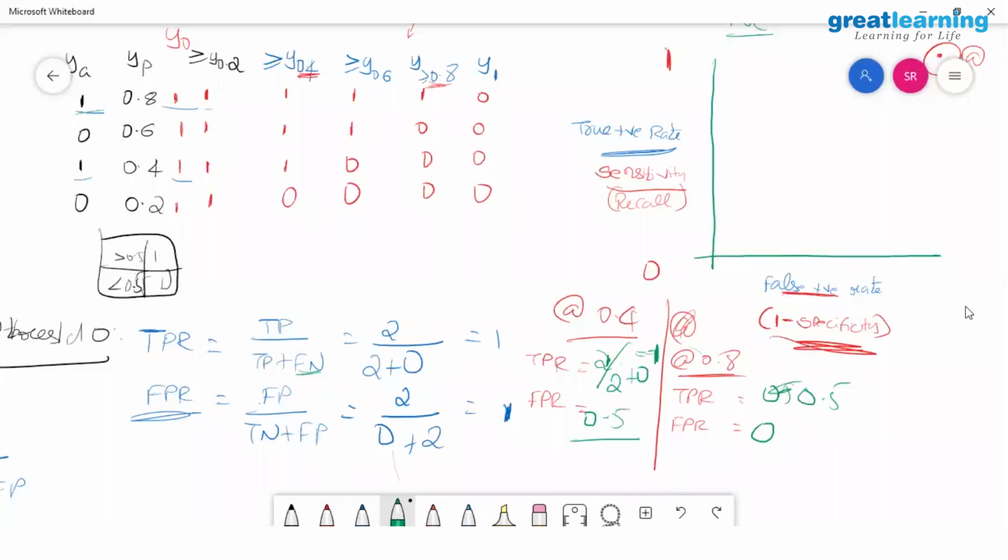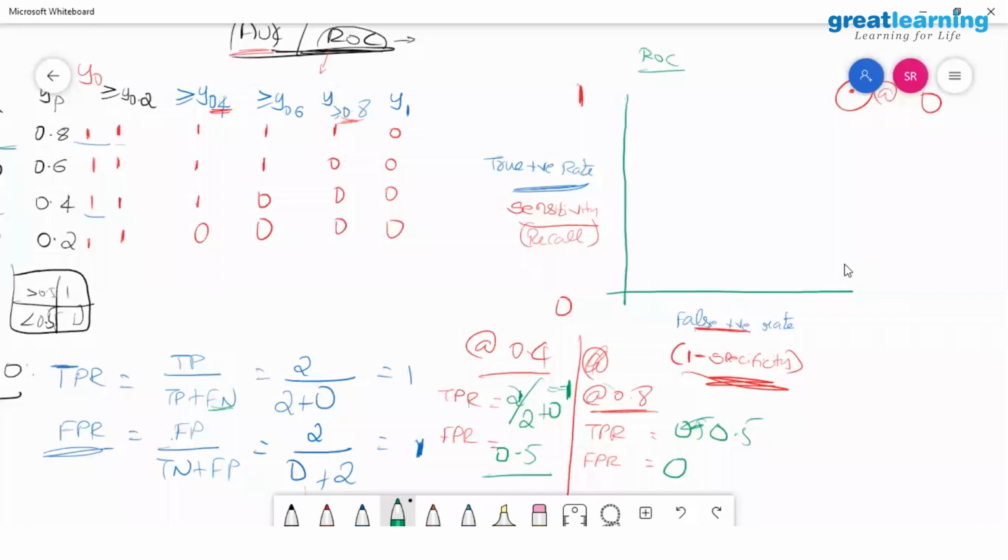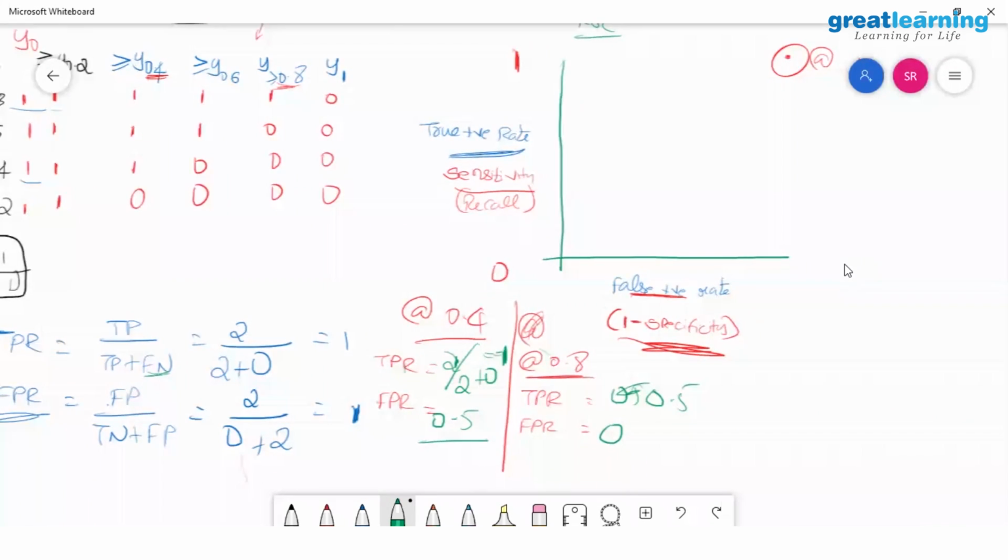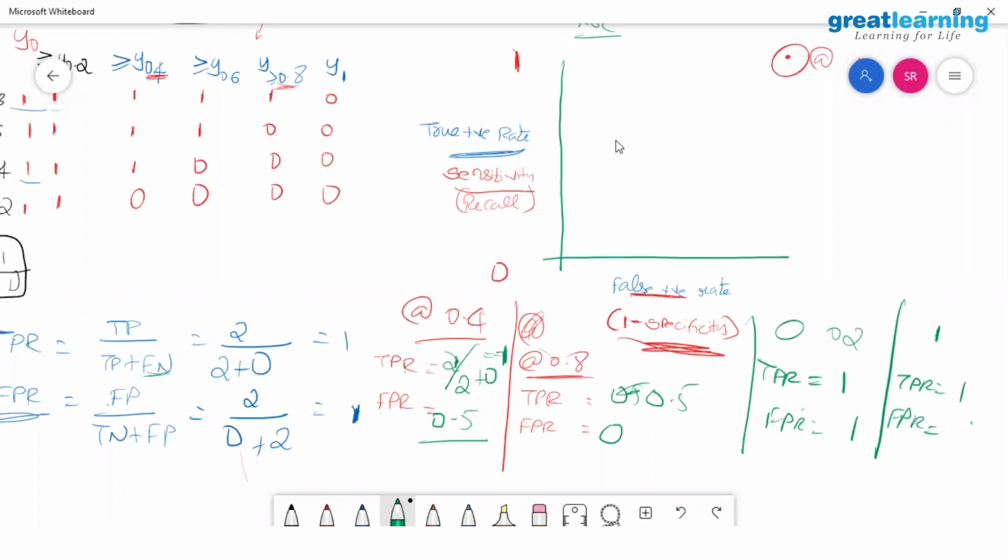Now, if you're going to plot, I have derived that at the threshold 0.2, TPR is 1 and FPR is 1, and 0.4 and 0.8 we have solved, and for 1, TPR is going to be 0 and the FPR is going to be 0.